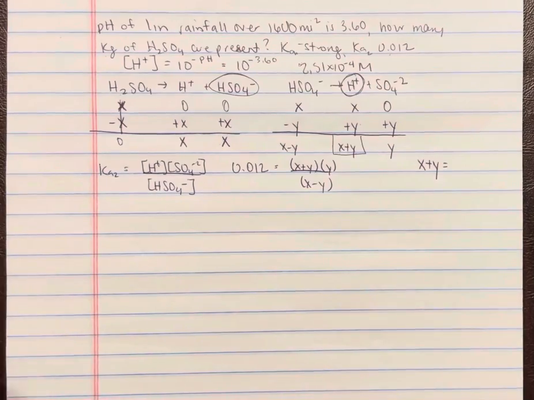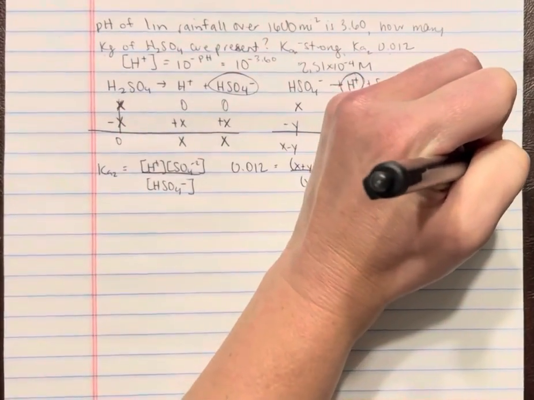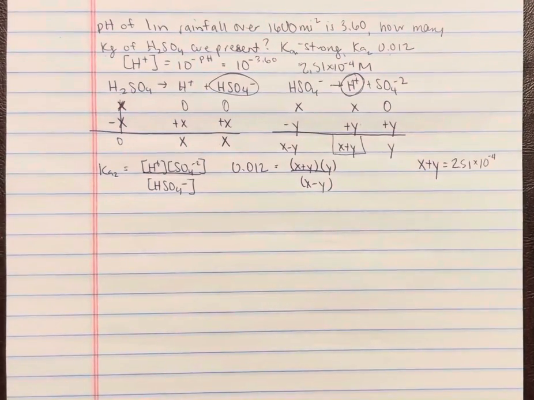So we know that X plus Y, we're just forming a system of equations. Think about this sort of like you would do with a partial fraction integration, if you want to.